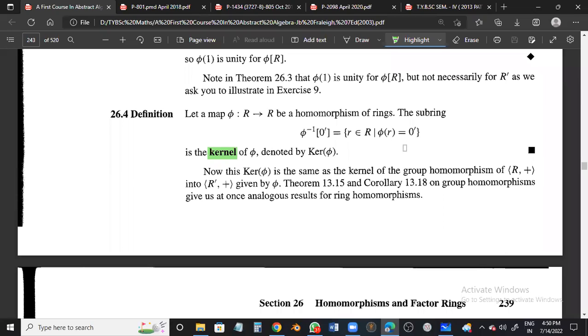And this is actually familiar to you right from vector spaces. In vector spaces, we used to say kernel of T. I suppose you remember it. Last year you have done it. Kernel of T is the set of all u belonging to V such that T of u is zero. Have we done this?